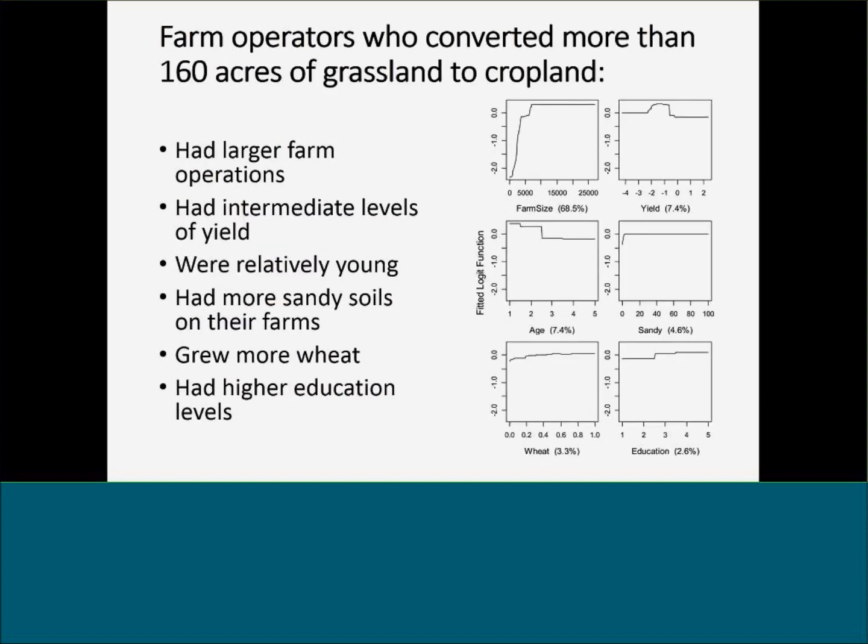If we look at the big converters, farm operators who converted more than 160 acres of grassland, again, large farm operations were an important driver. They tended to have, interestingly, intermediate yields. But again, they were relatively young, had sandy soils, tended to grow more wheat, and also, interestingly, had higher education levels.